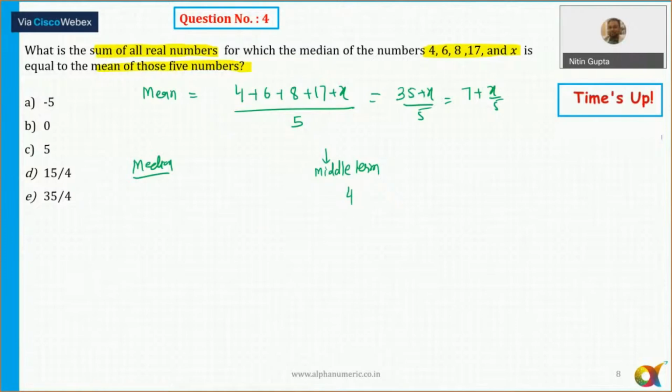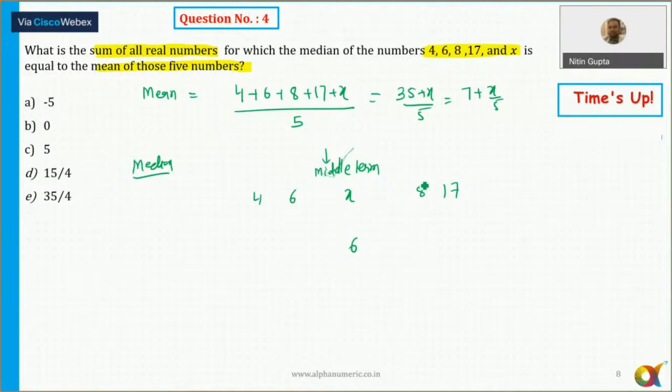So the possible medians are these. It can be x. x can be in the middle, with two terms before it, that is 4, 6, x, 8 and 17. One of the possibilities. Or 6 can be the median.